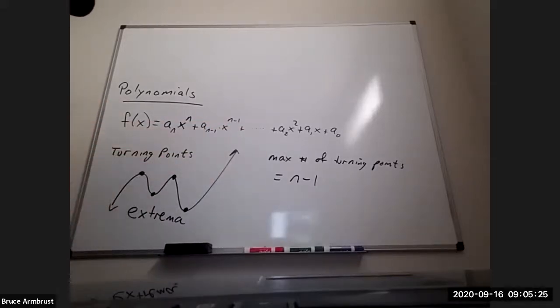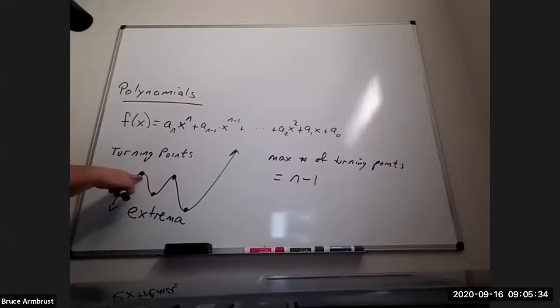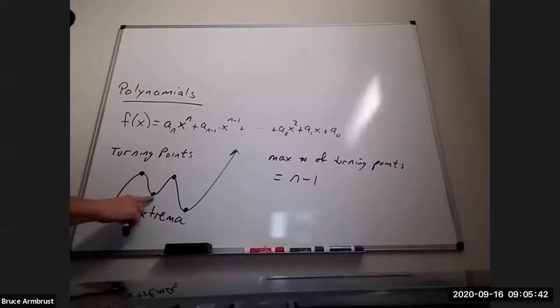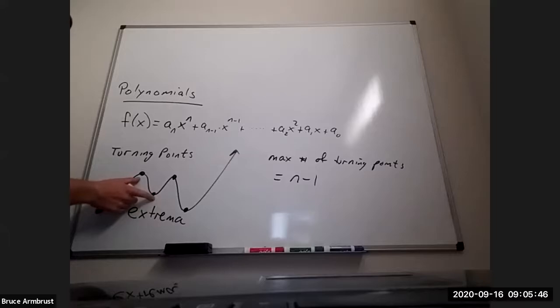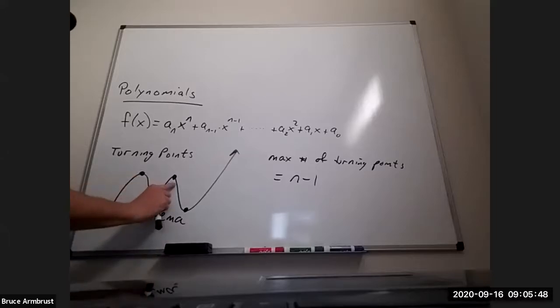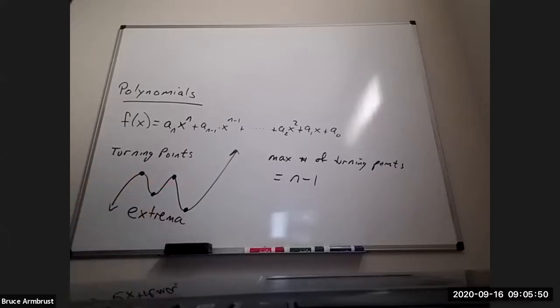But what's kind of interesting about these is not only do we know a max, we know a little bit more, because turning points always come in pairs. So think about this. If I eliminated, say, this first maximum, this first hill, so we don't have that anymore, well, if there's no turning point there, then we lose this min at the same time. These two would go away together, or these two, or those two. So every maximum and minimum, if you put one in, you have to put in the other.